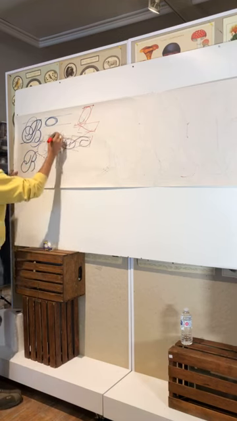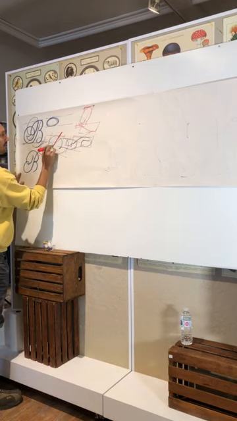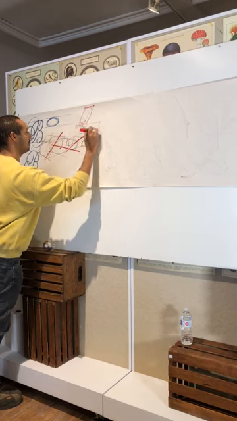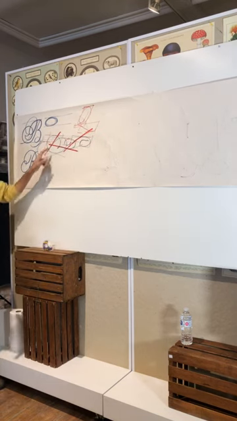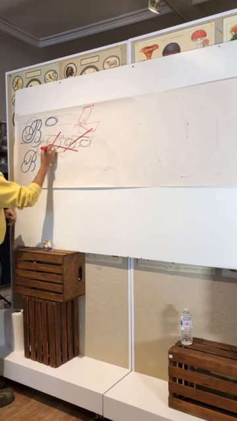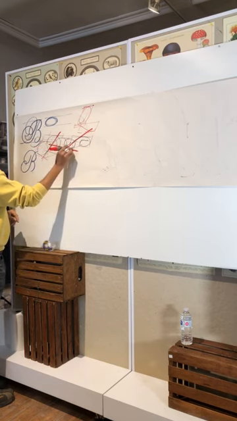Now, we have this, we have this, and we have this. Can you see the relationship of the angles? So this and this.